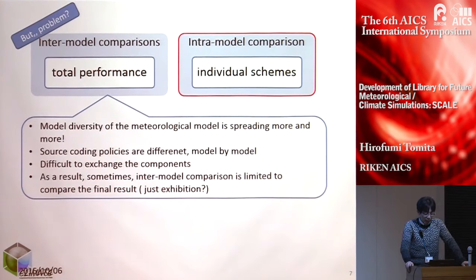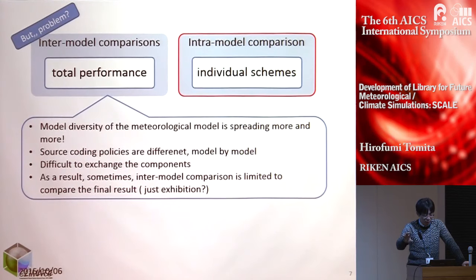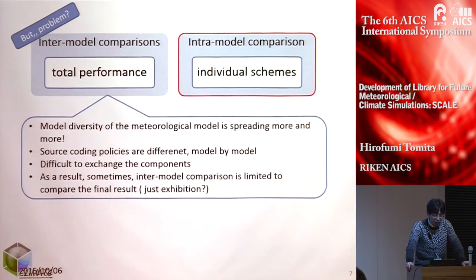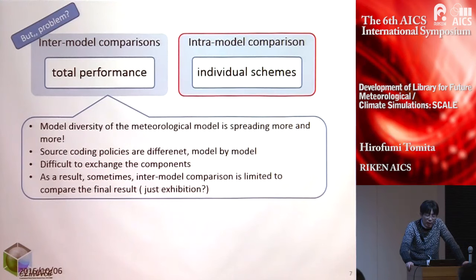But model intercomparison has some problems. Model diversity of meteorological models is spreading more and more, and source coding policies differ model by model. So it is difficult to exchange physical components, and exchanging dynamical components is also very difficult.